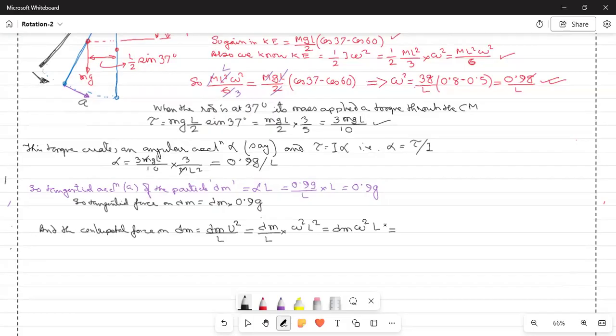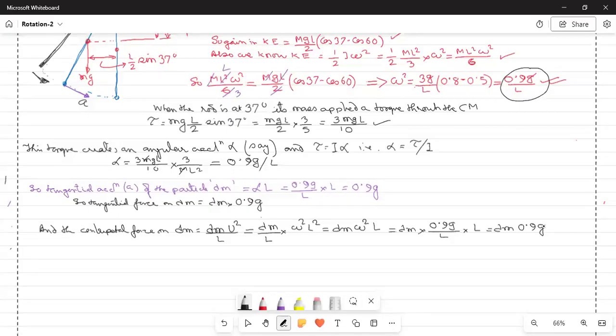Now, omega square we have already found. Yeah, omega square is here, 0.9 g by L, right? So this is equal to dm multiplied by 0.9 g by L, multiplied by another L. So this is equal to 0.9 g dm.